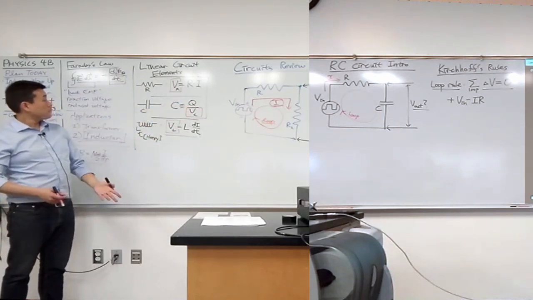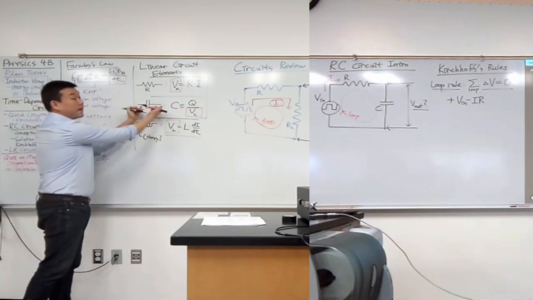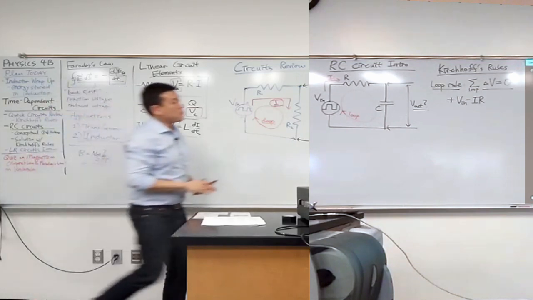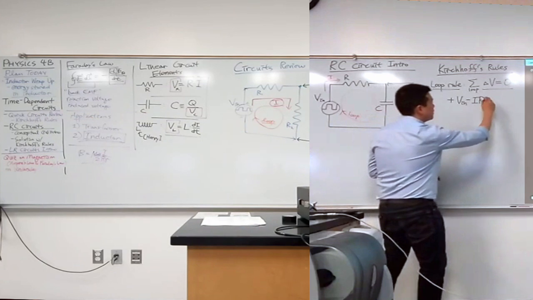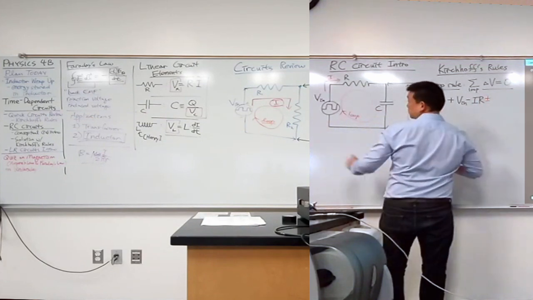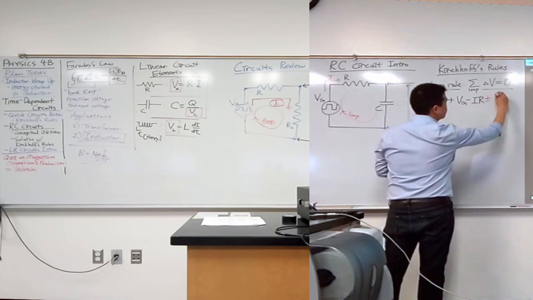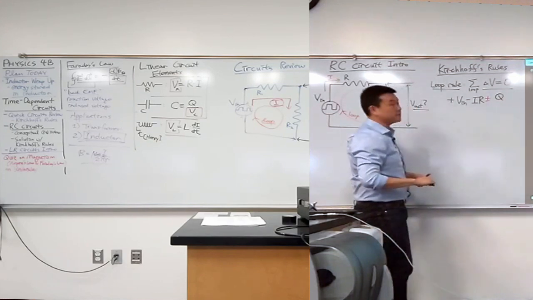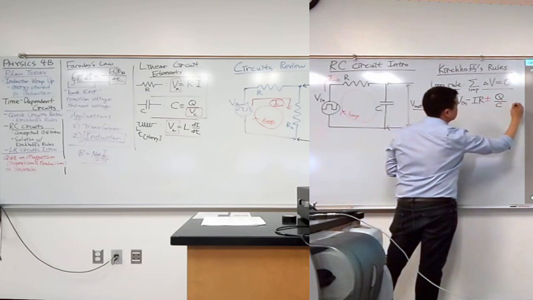So, is it always change in voltage? It's all change in voltage across the element. Now I need to figure out the sign. It's going to be either plus or minus. Solve that for V_C. I get Q, the amount of charge on the capacitor. That's new. Over capacitance C.